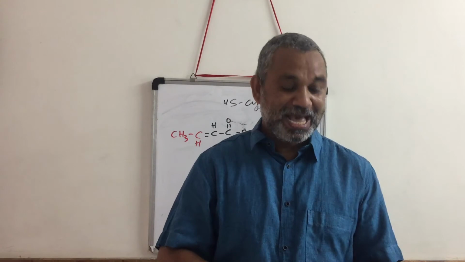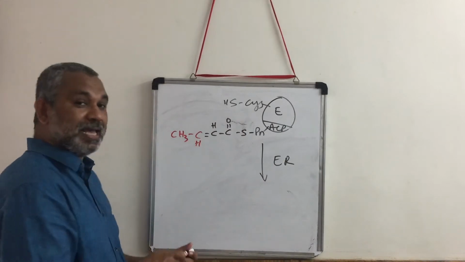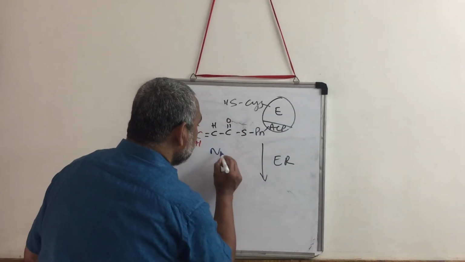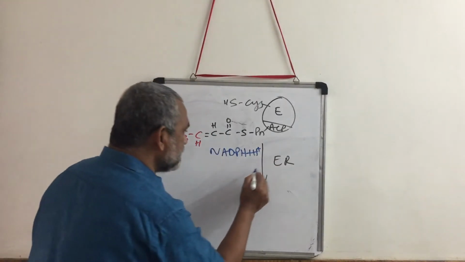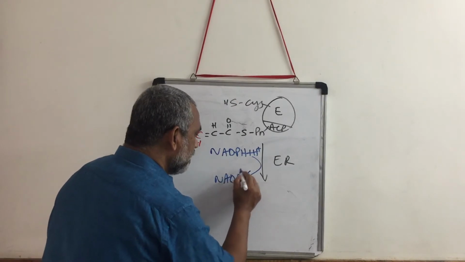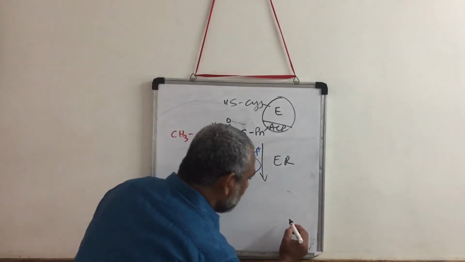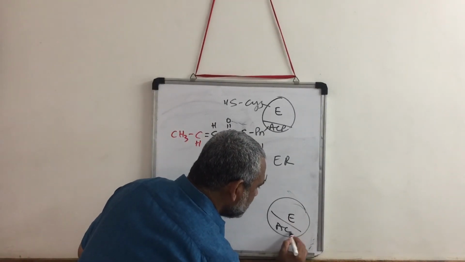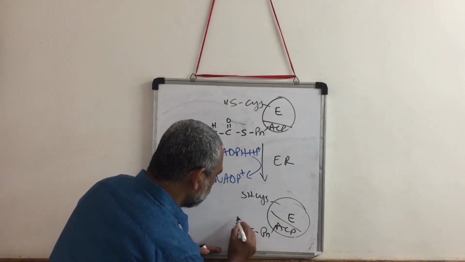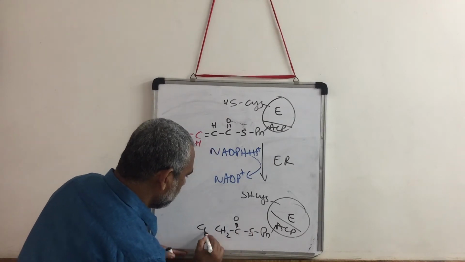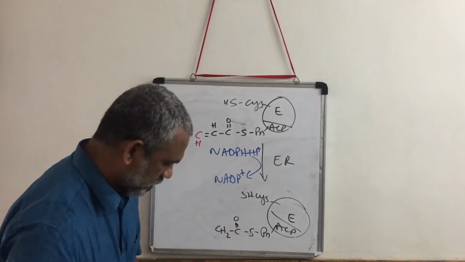That enzyme is enoyl reductase. So the next role is for enoyl reductase, and enoyl reductase again uses NADPH plus H plus. 2 hydrogens are added across this. So reduction occurs, NADP plus. So you can see that now this product will be ACP here, cysteine SH, PN. Let's use the same red color.